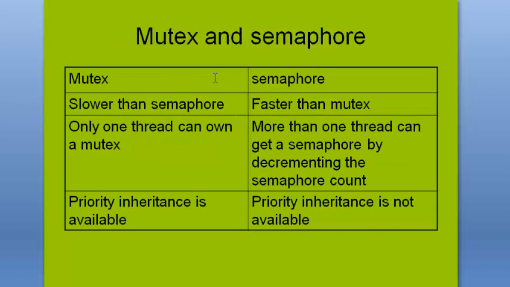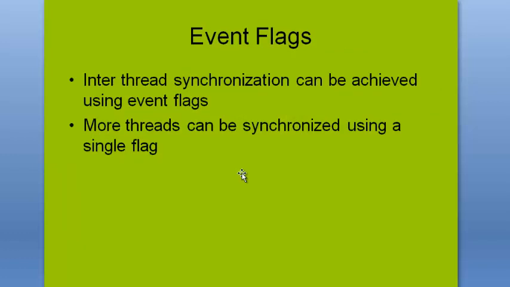There is a difference between mutex and semaphore. The mutex is slower than the semaphore. A mutex is nothing but a binary semaphore, so only one thread can own a mutex. More than one thread can get a semaphore by decrementing it, as long as the count is available. Here it's not available.